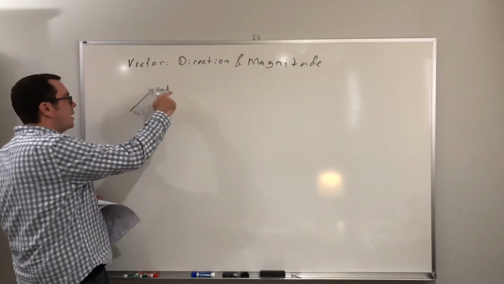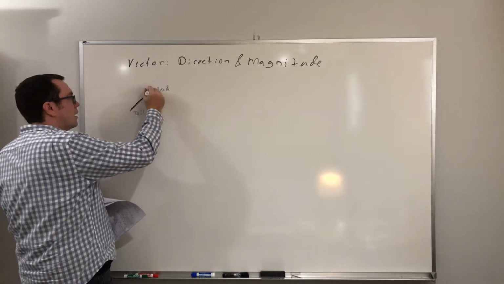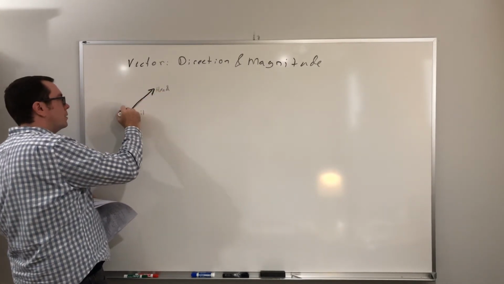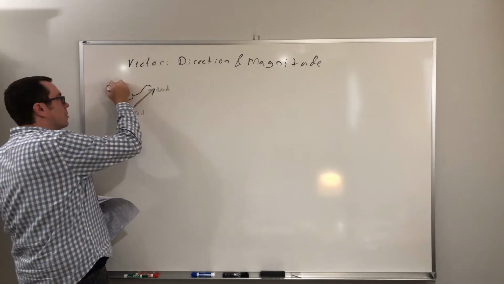So tail, head, and it's a direction and a magnitude. That magnitude, the length, is the magnitude.